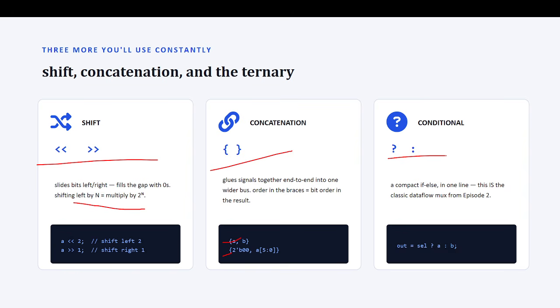Third, conditional operators. The ternary question mark. Look at the example: out equals sel ? A : B. This reads as, if sel is true, out gets the value of A. Otherwise, out gets the value of B. I want you to recognize this immediately because this is exactly the multiplexer example we built using dataflow modeling.